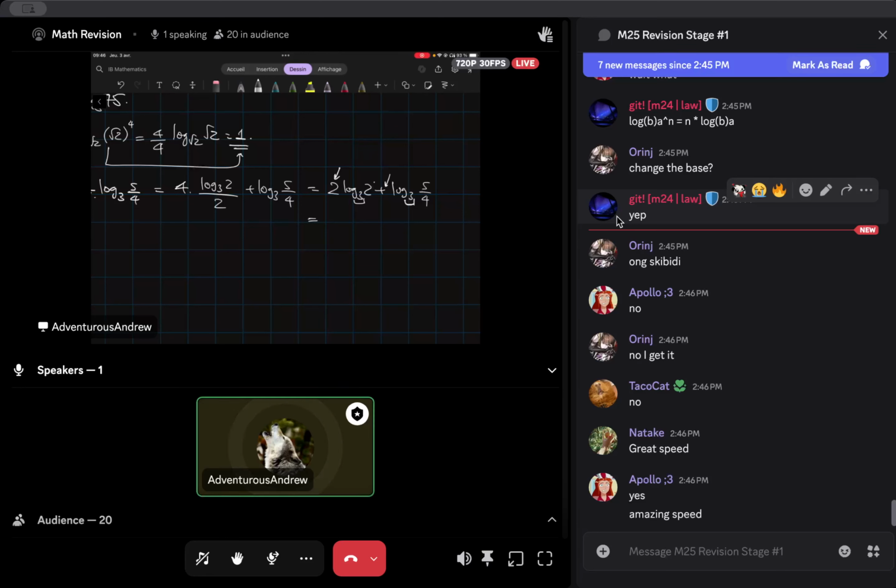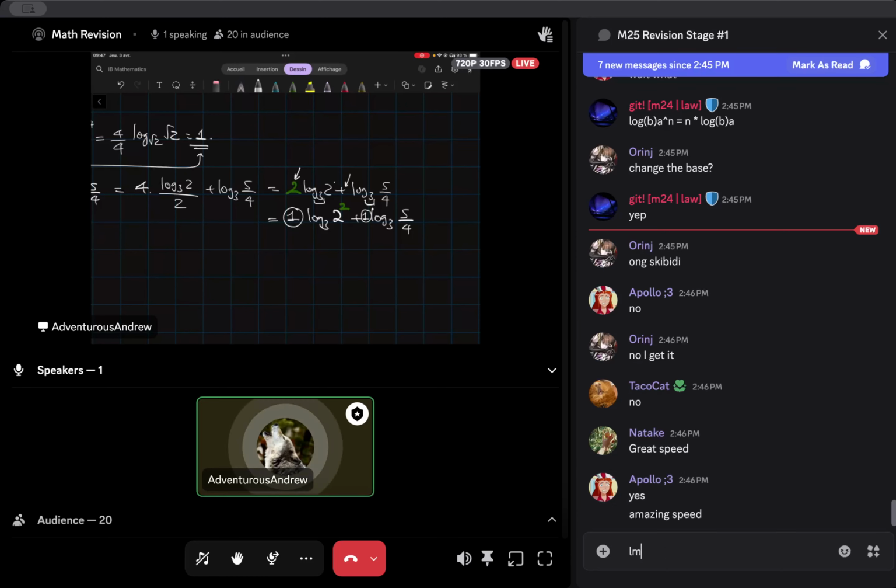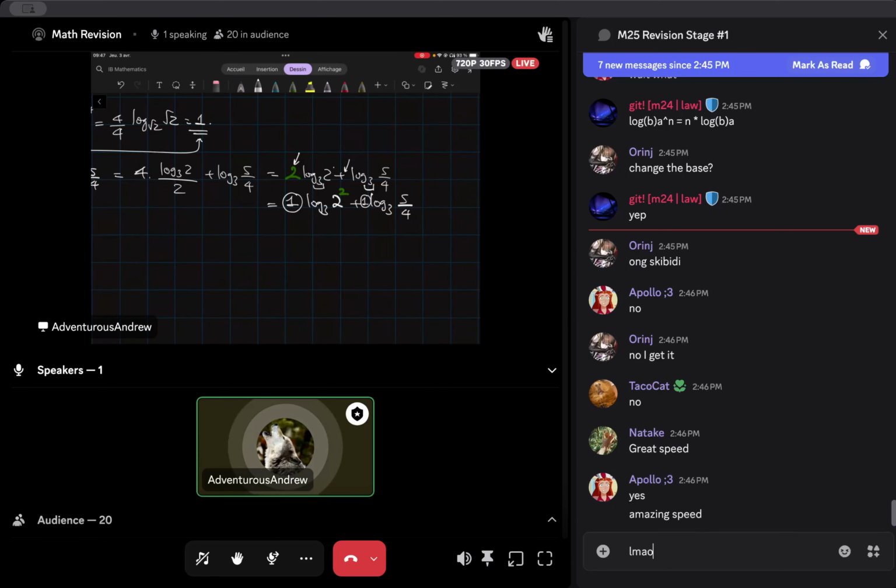So we got to bring the 2 up there to make the coefficient 1. I don't want to do this, but I have to. Color coding. That 2 in front now becomes the exponent. Log base 3 of 5 over 4. Now they have the same coefficients. Now we can add them.